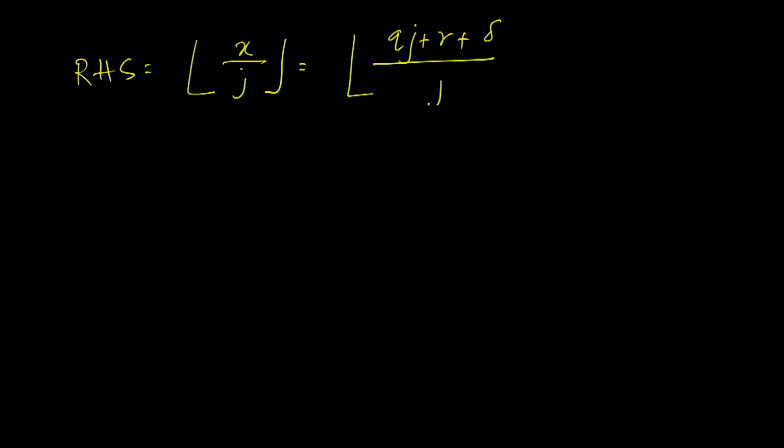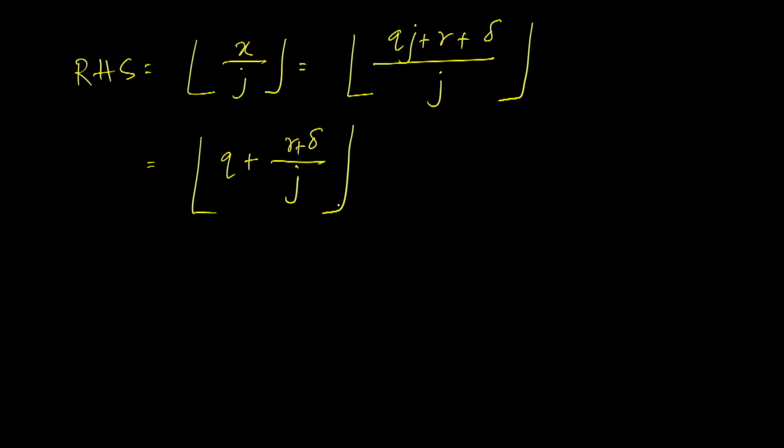Now, the right hand side is floor of x by j, which is floor of qj plus r plus delta divided by j, which is q plus r plus delta by j floor.